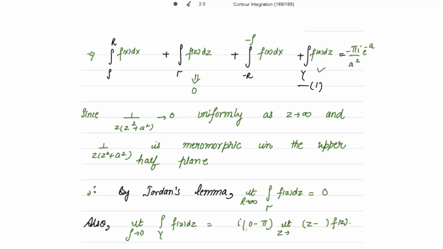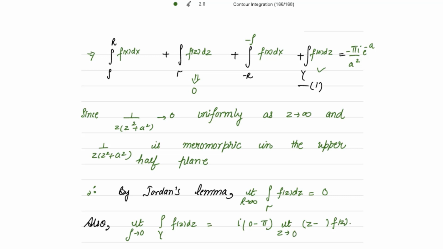to, the formula is iota times the last angle minus the first angle, and it is always 0 minus pi in every question. So the last angle is 0 and the first angle is pi. So it is always iota into 0 minus pi. Limit z is tending to, what is the pole?